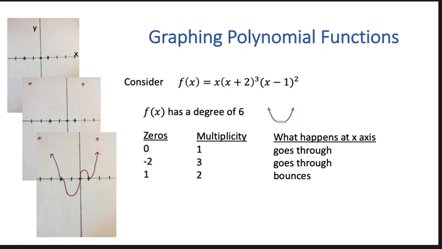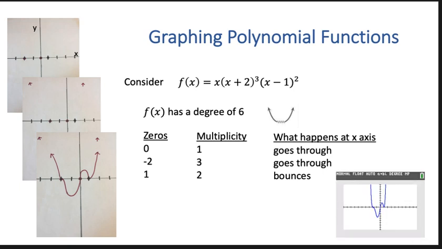So I have a rough sketch that looks something like this. Now this by no means is exactly what the graph looks like. I don't know how low this minimum is, and I don't know how high that max is. You'll learn that in calculus. But I have a general idea of what that shape is going to look like. Now, if you graph that in your calculator, you'll see we're pretty darn accurate.